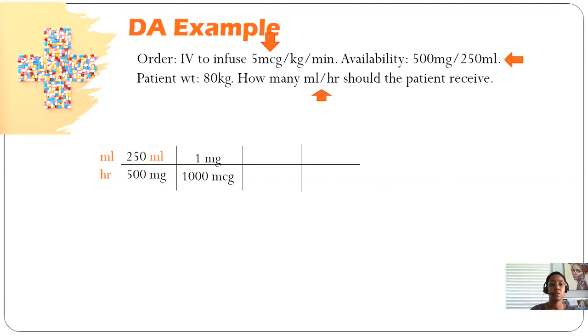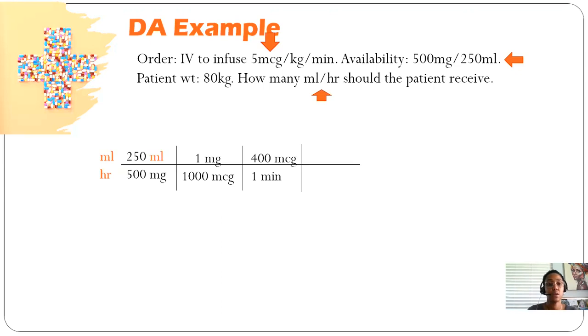So now we could put in our provider order, which is 400 mics per minute. How did we get 400 mics? Well, the patient weighs 80 kilograms and the order is for 5 mics per kilogram. So if you do 80 times 5, you'll get 400. So it's 400 mics for each minute.